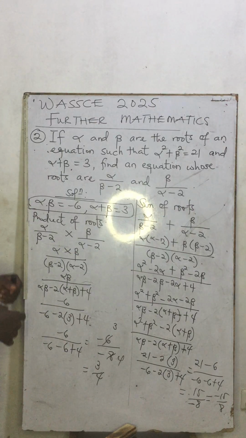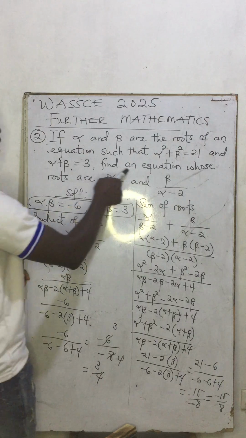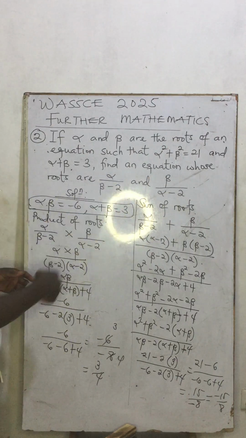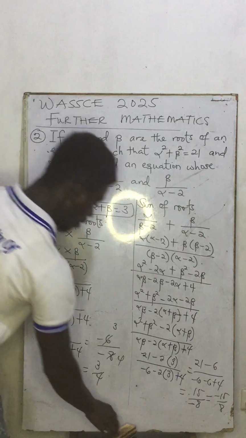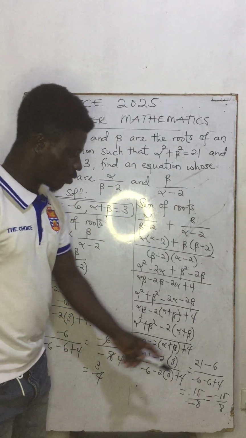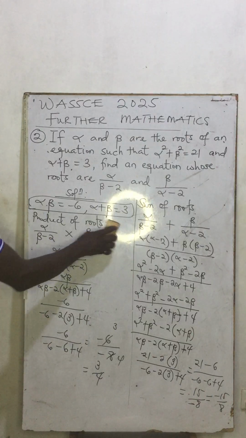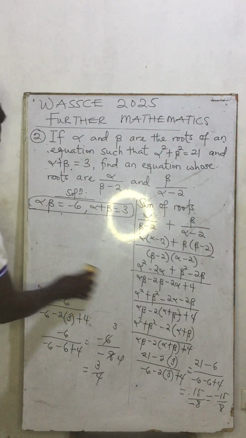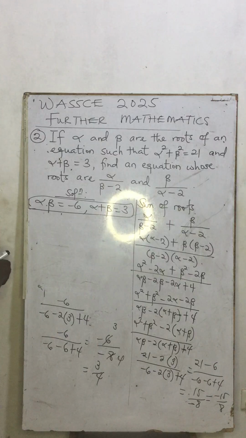So now we can form the equation. The question says find an equation whose roots are that. So let's form the equation. We have sum of roots to be negative 15 over 8 for the new roots.